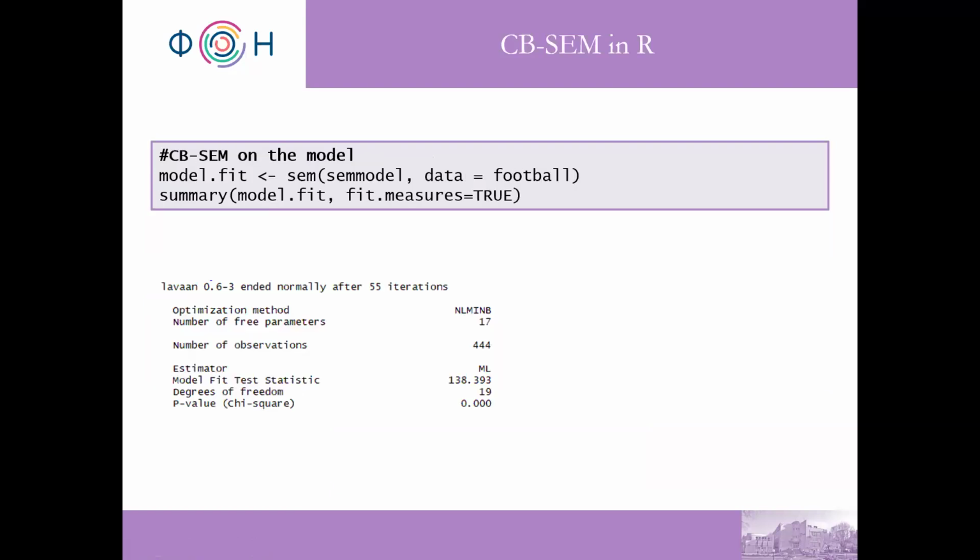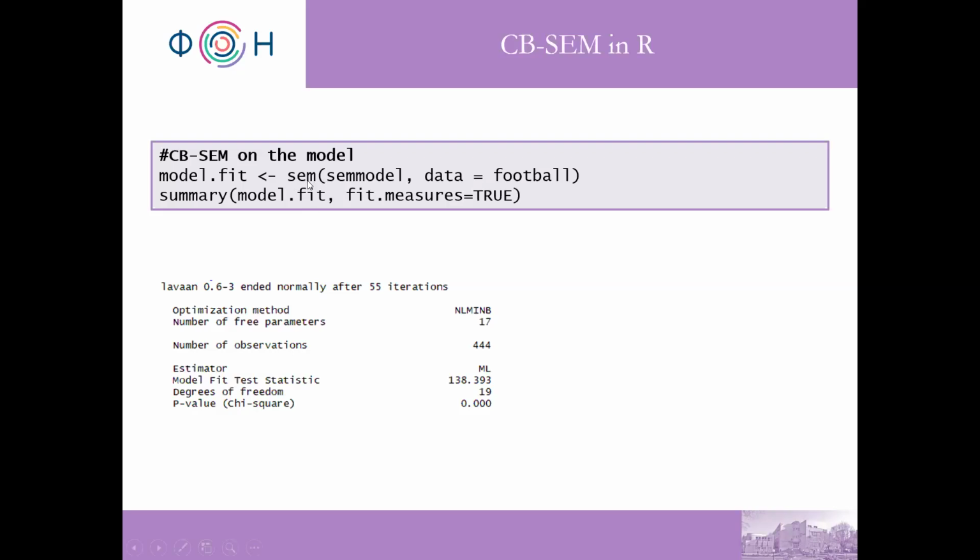So the next step is to actually estimate the model. I always suggest creating an object with the results and the solutions. Here we can call it model.fit. You can call it however you want. So the function itself is pretty straightforward for now.